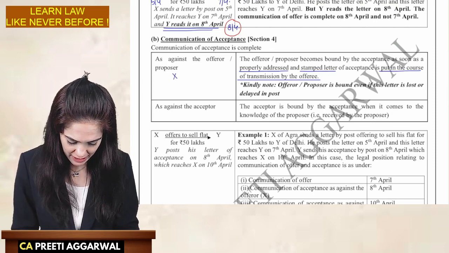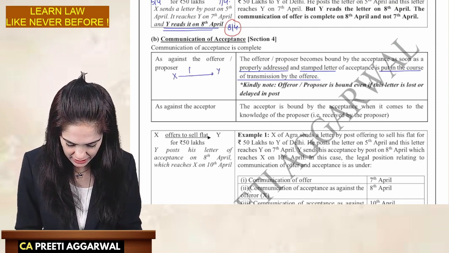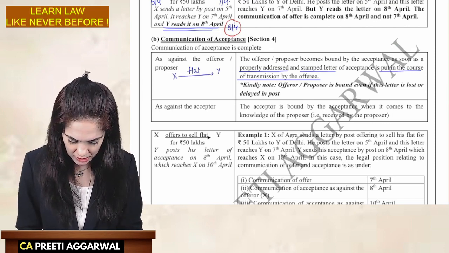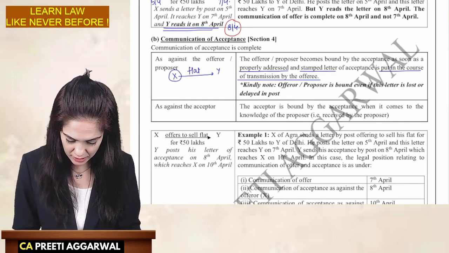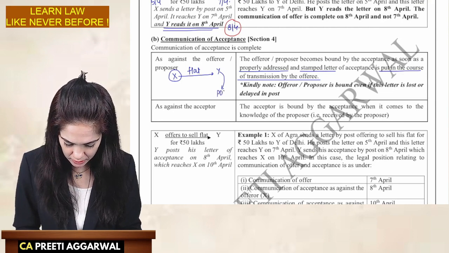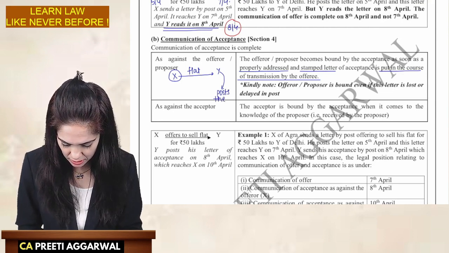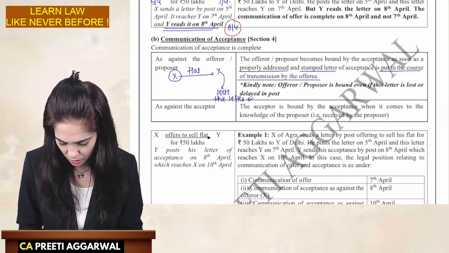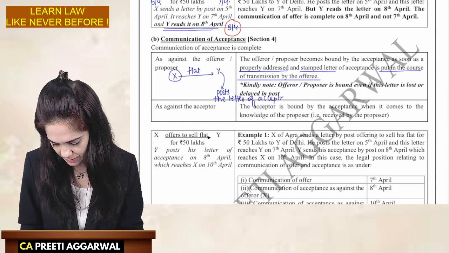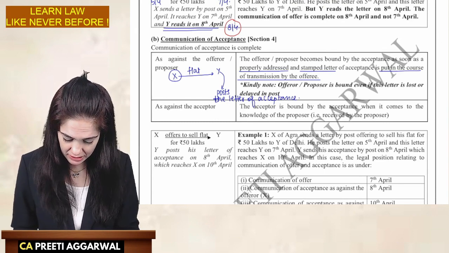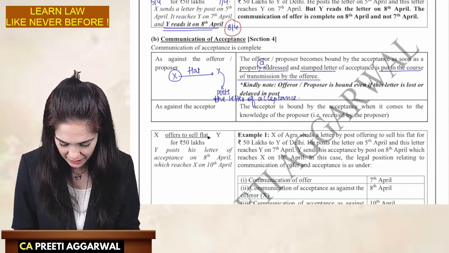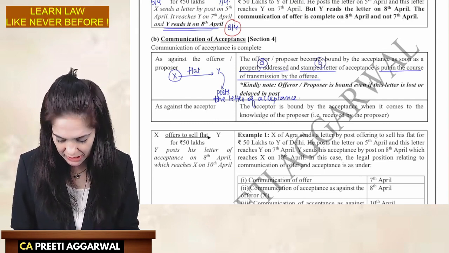So let's say that X offered to sell his flat to Y. For X, a contract is made, offer is accepted when Y posts the letter of acceptance. When he posts the letter, this letter should be properly addressed and properly stamped.